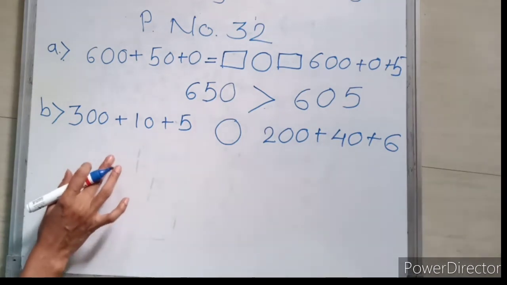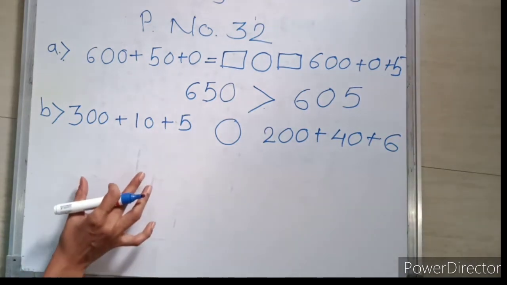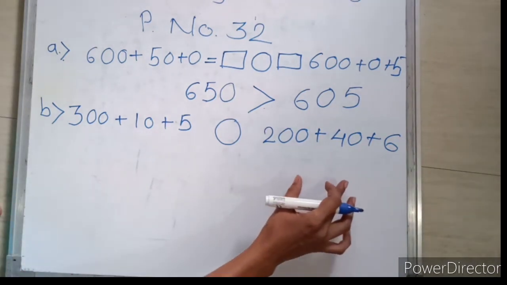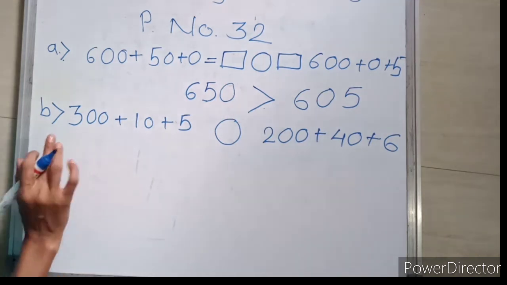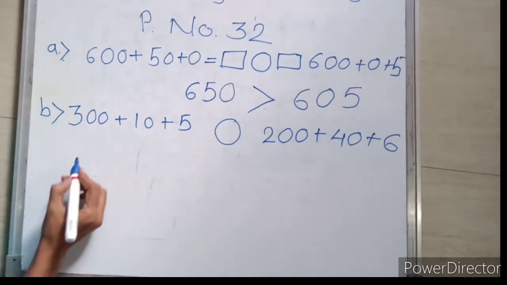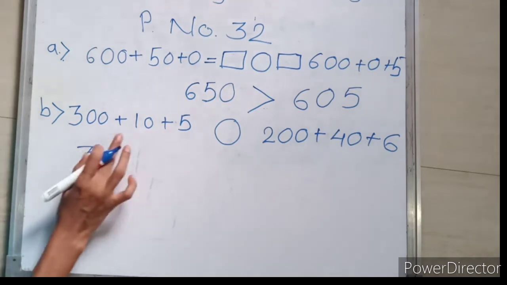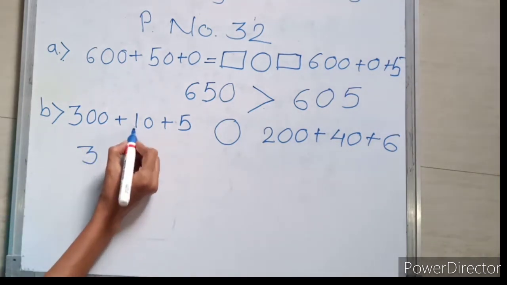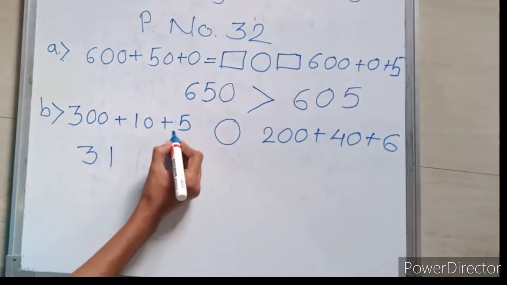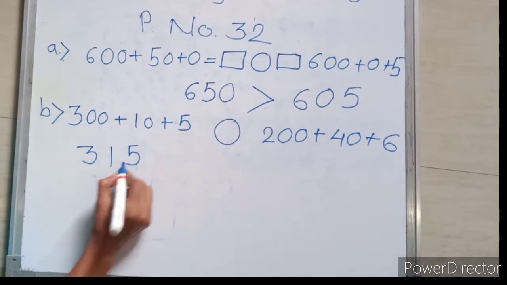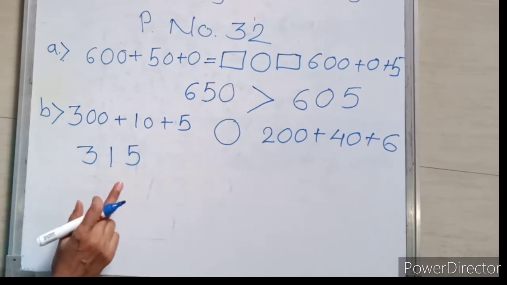First again we have to write the standard form of this side and the standard form of this side. So see, how many hundreds are here? 3. How many tens are here? 1. And how many ones are here? 5. The number is 315.